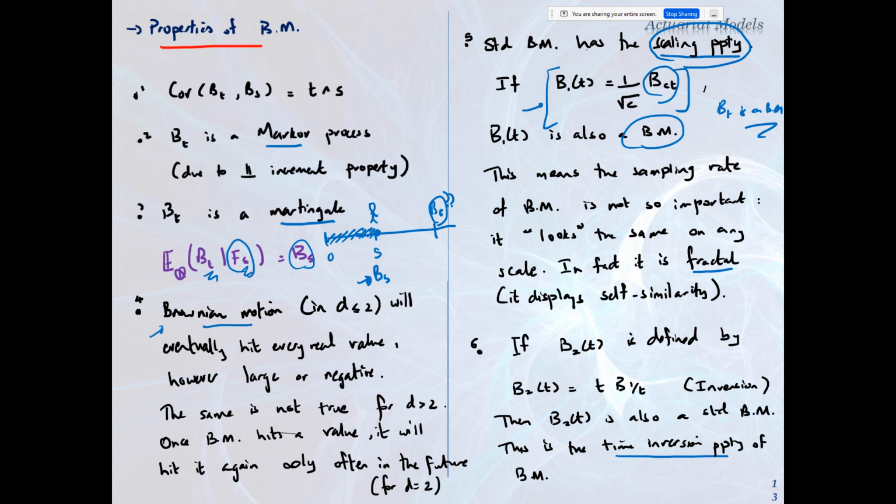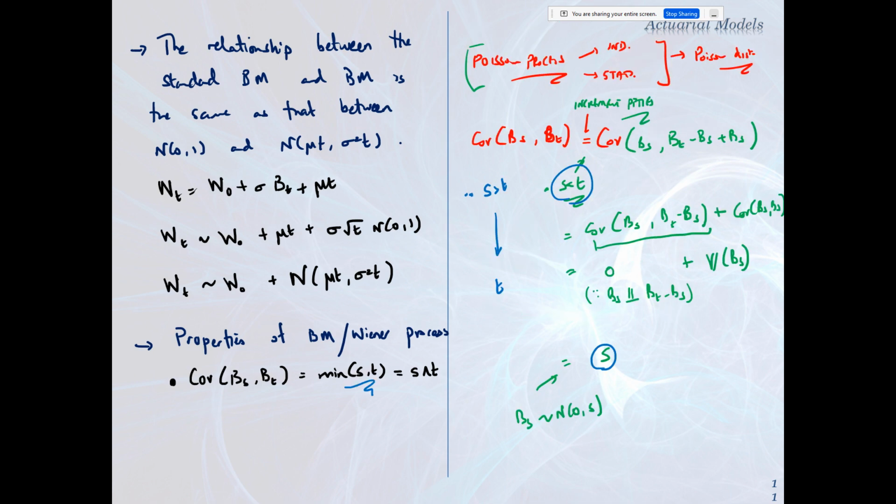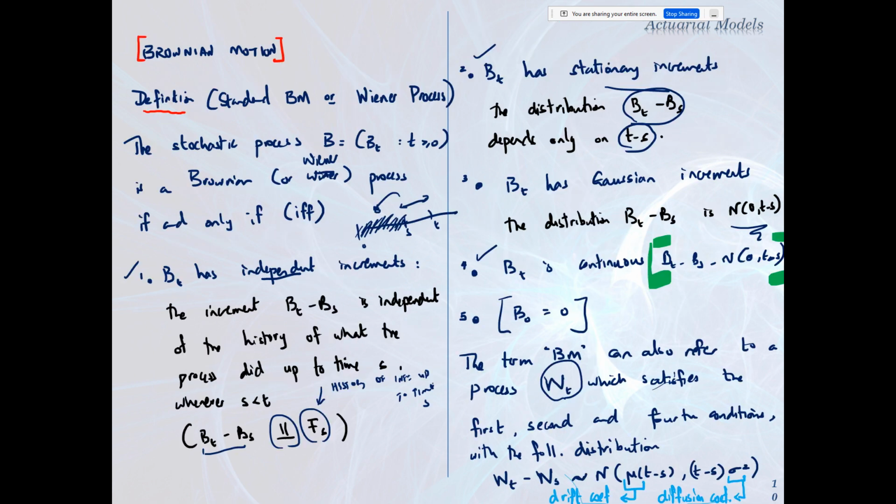To check this, you can go back to the definition here, because it is saying if and only if. If you have a Brownian motion, then you are sure to have these 5 conditions satisfied.